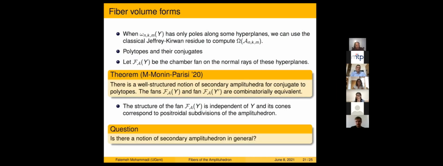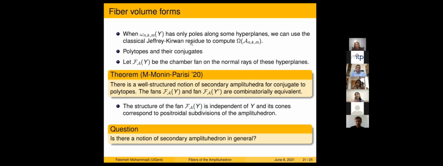Okay, and of course the question is whether you can do this for other amplituhedrons. The good thing here was that the denominators were products of linear forms, and we used them to apply this Jeffrey-Kirwan residue to our setting.